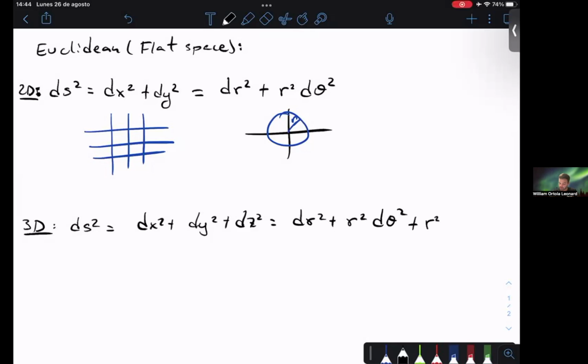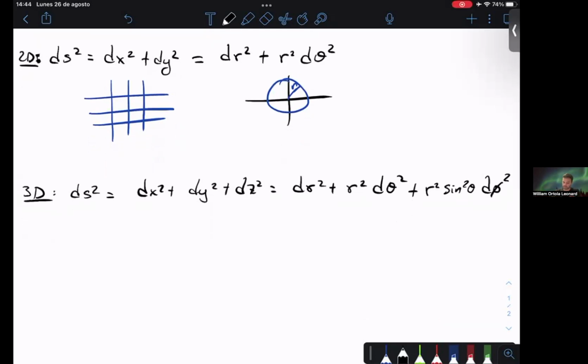So r squared sine squared theta times d phi squared. And as you can see, we have some common factors. So we can write this as dr squared plus r squared times (d theta squared plus sine squared theta times d phi squared).